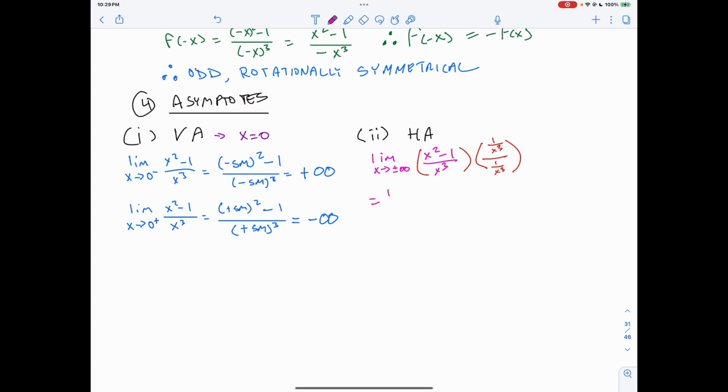And that's going to give me the limit as x approaches positive or negative infinity for x squared over x cubed minus 1 over x cubed divided by x cubed over x cubed.